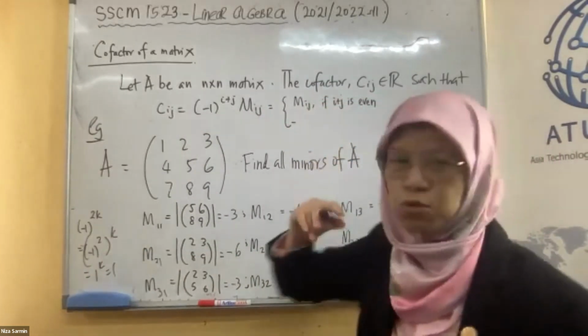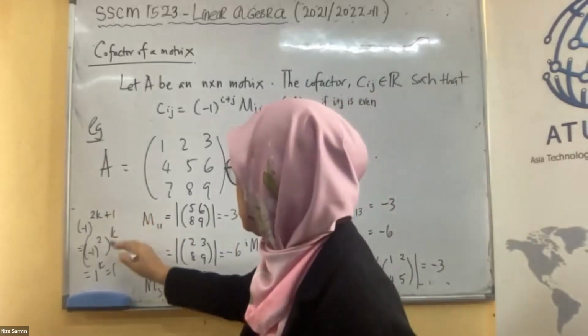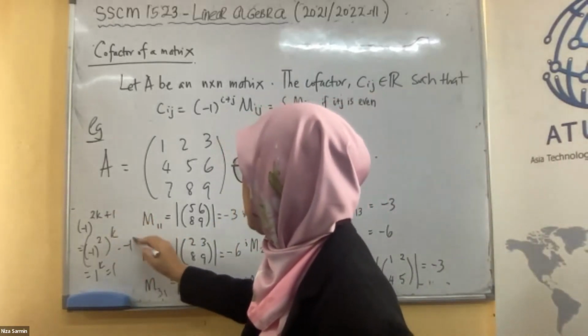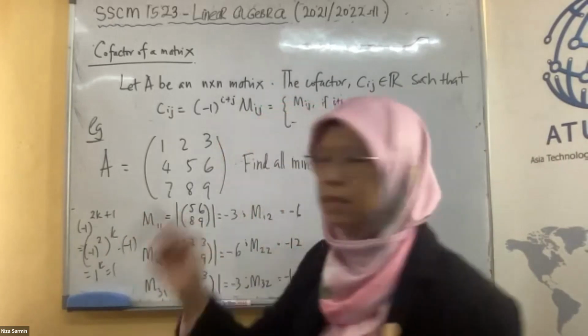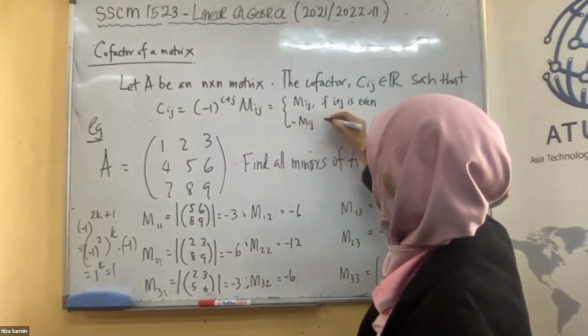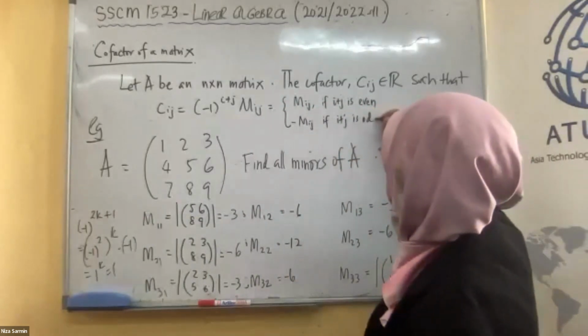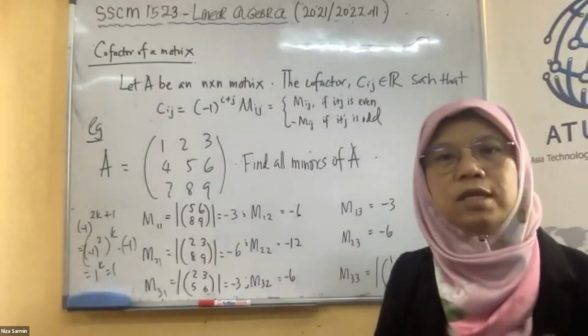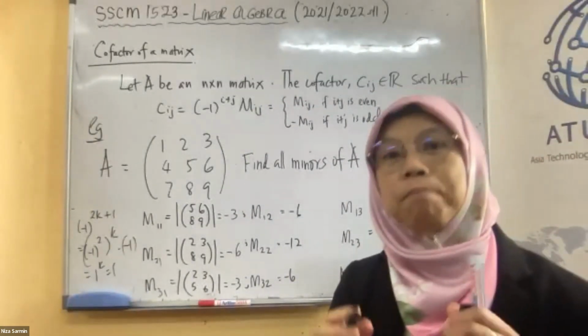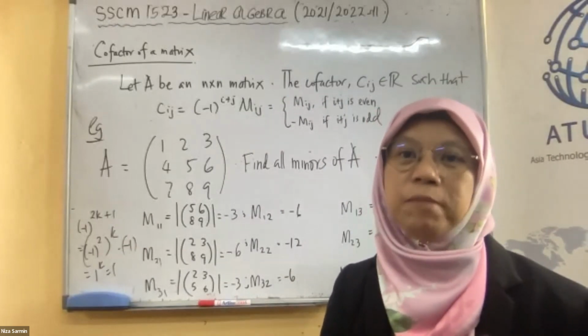And if it's to the power of odd, then you have this, and then you multiply by -1, it is -1, if i plus j is odd. That's the only difference between minor and cofactor of a matrix.